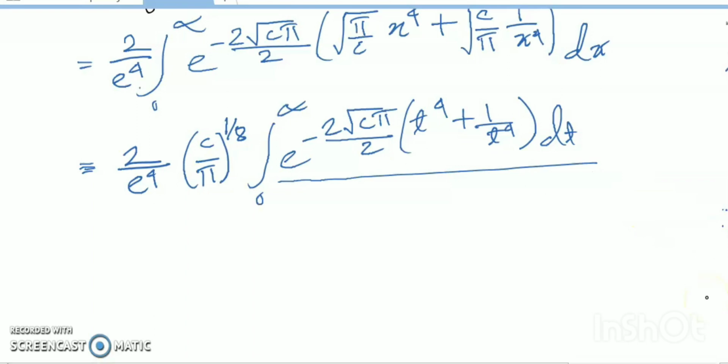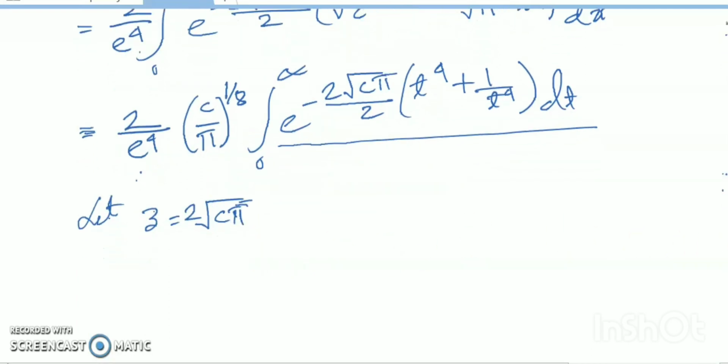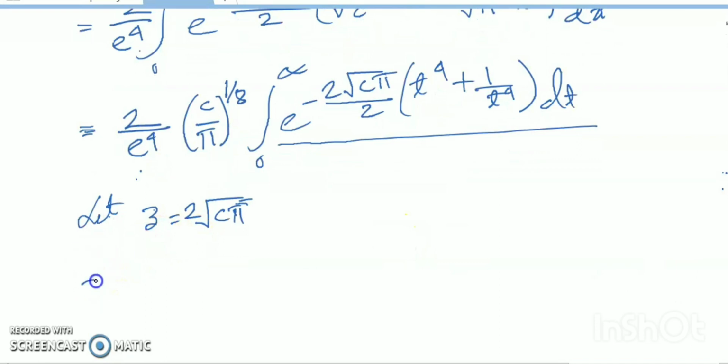This exponential equation can be represented as a double summation. So at first let z equal to 2 root over c pi. So my given integral can be written as 2 into e to the power 4.